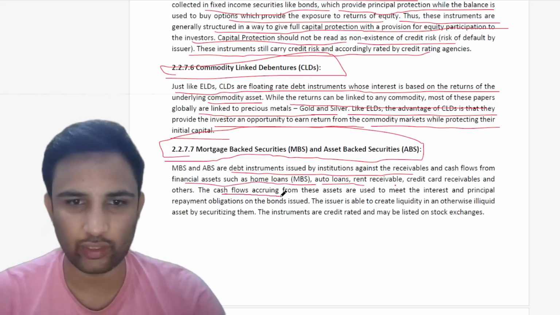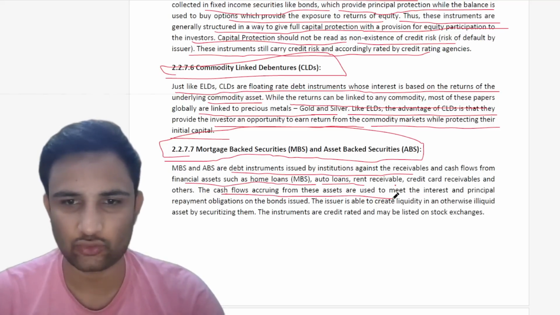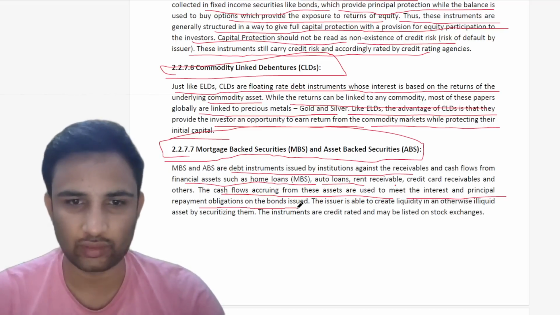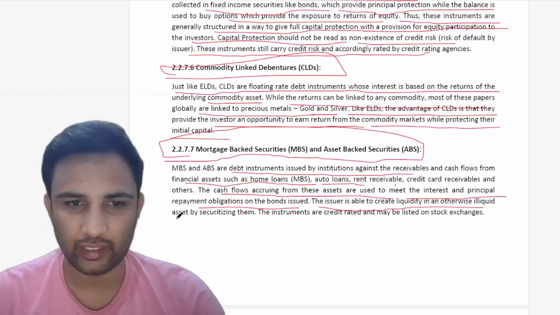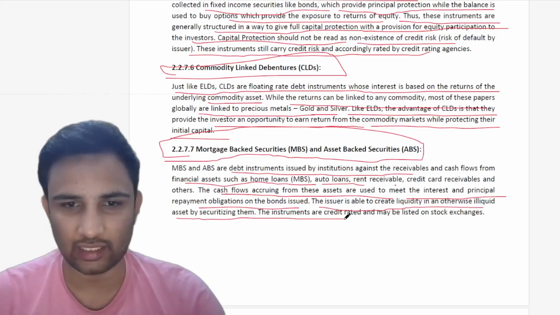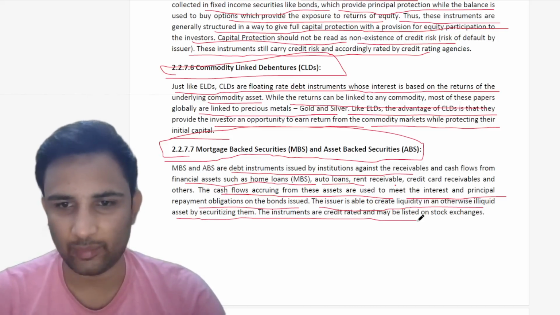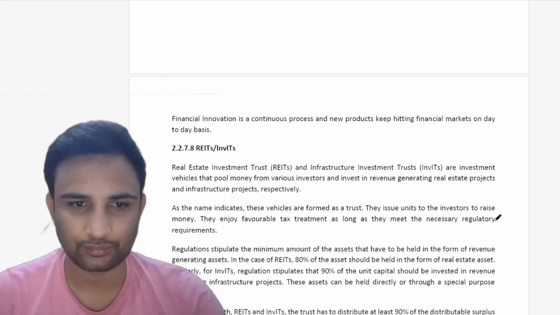The cash flows from these assets are used to meet the interest and principal repayment obligations on the bonds issued. The issuer is able to create liquidity in an otherwise illiquid asset by securitizing it. The instruments are credit rated and may be listed on stock exchanges.